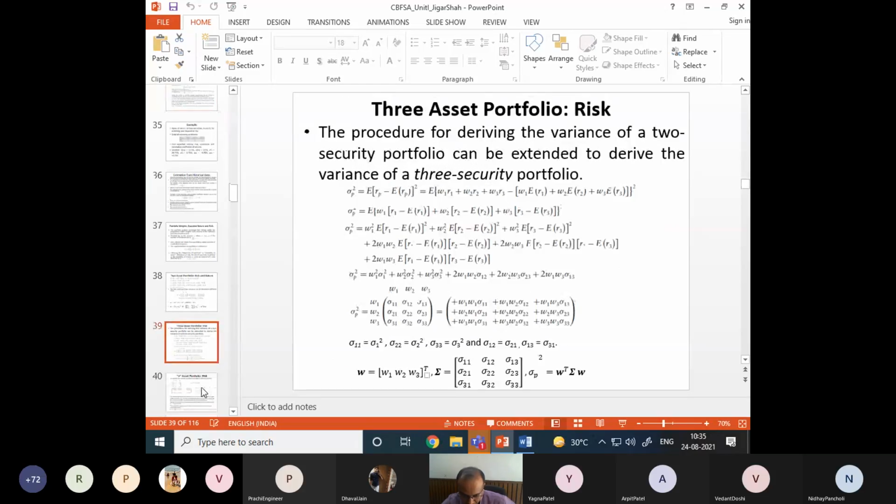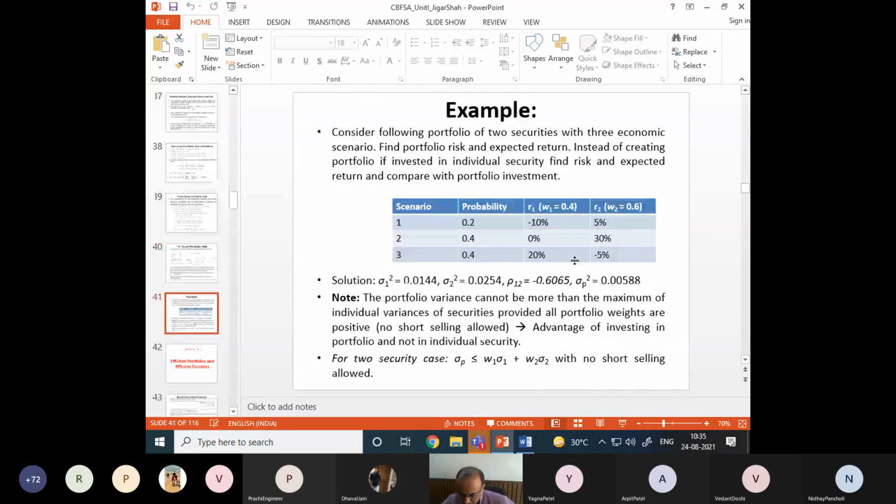So this third quantity that is required is sigma 1, rho 1,2. You can find it, and you can see it will be a negative correlation coefficient. Then, it is a two asset portfolio, so you can find sigma p square.